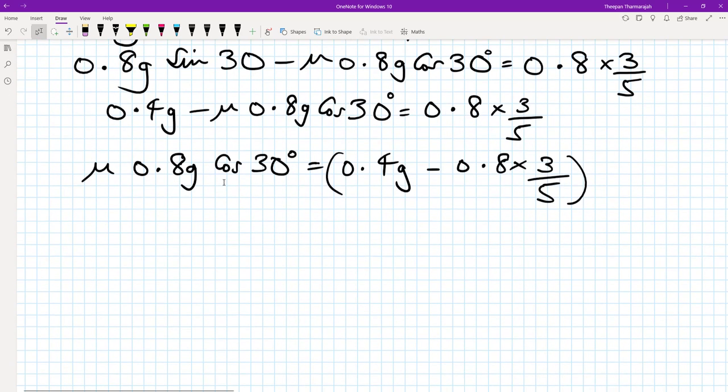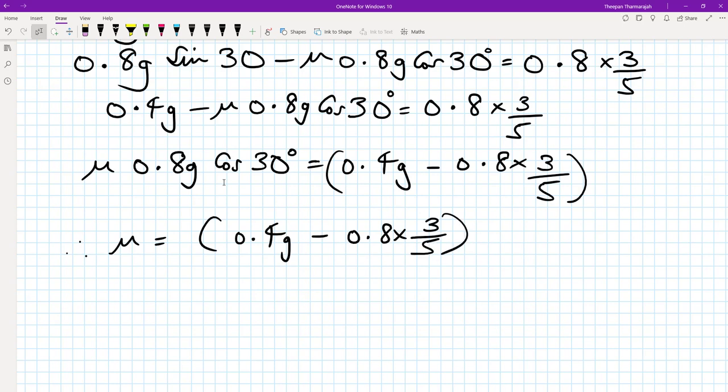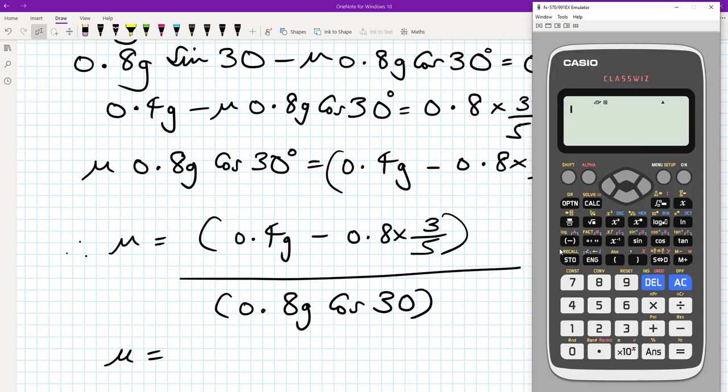So then we can say, therefore, mu is 0.4 g minus 0.8 times 3/5, all divided by 0.8 g cos 30, and we're going to round mu to 3 significant figures. So we can just do it on our calculator. So we get 0.4 times 9.8 minus 0.8 times 3/5.